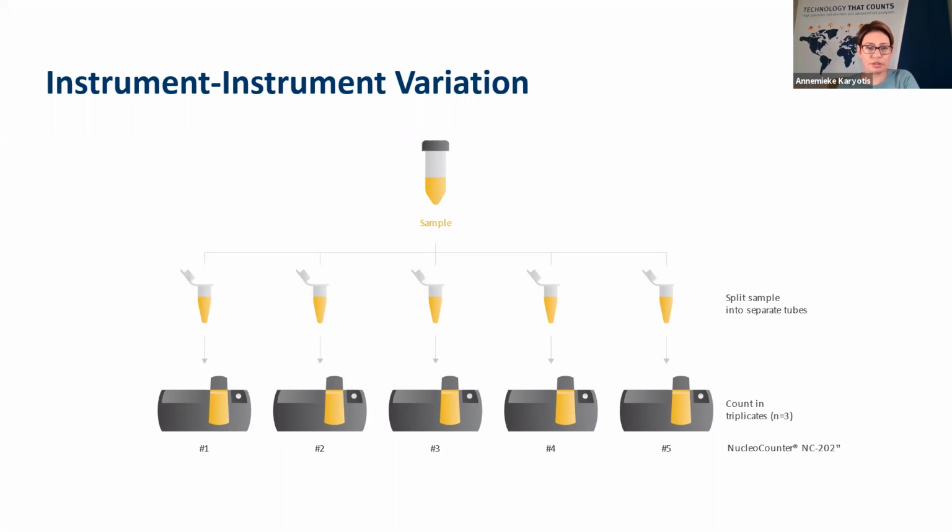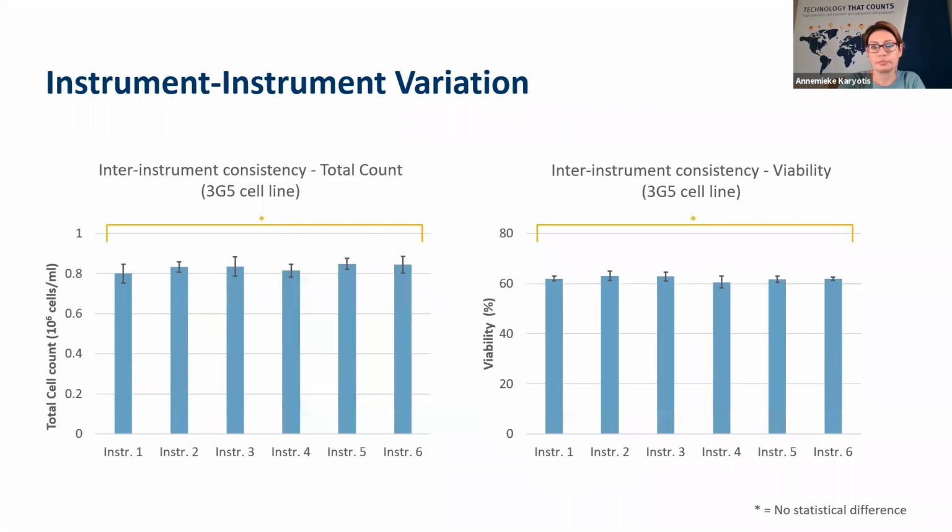In this experiment, we took the same sample, split it into separate tubes, and counted the same sample on 5 different NC202s. We found good inter-instrument consistency in terms of total cell count, and also across the viability.